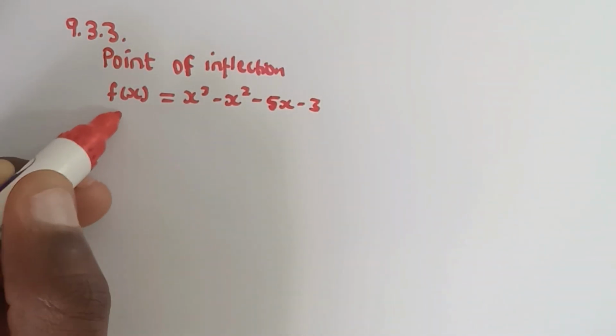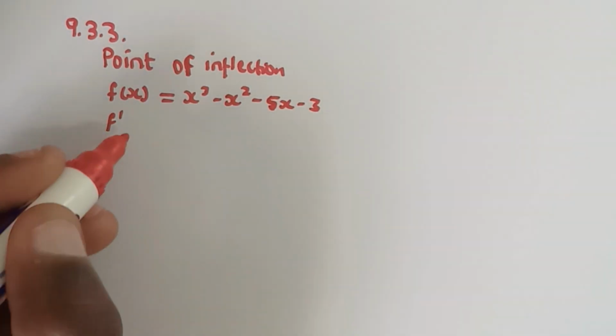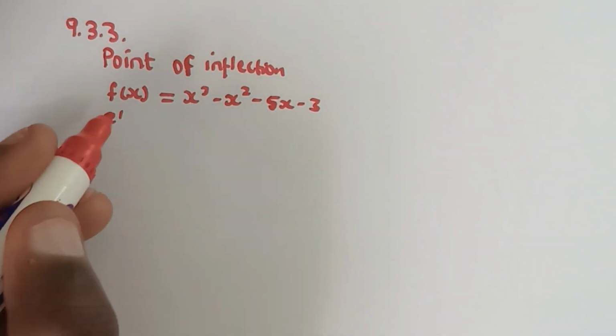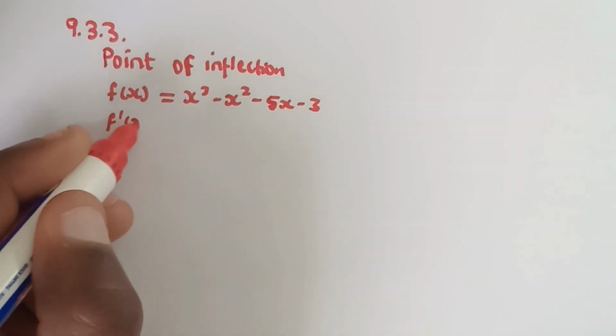We have to find the second derivative, because the first derivative has to do with the gradient of the graph.